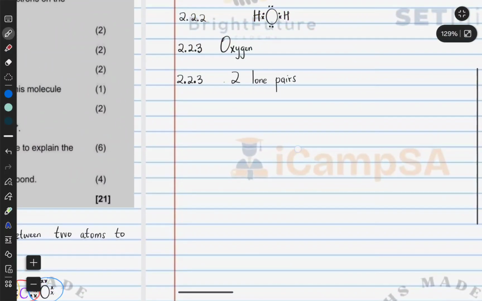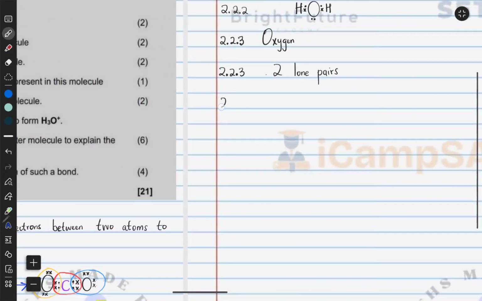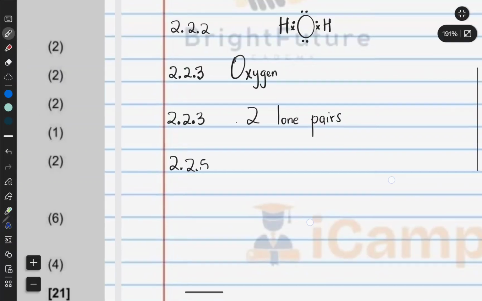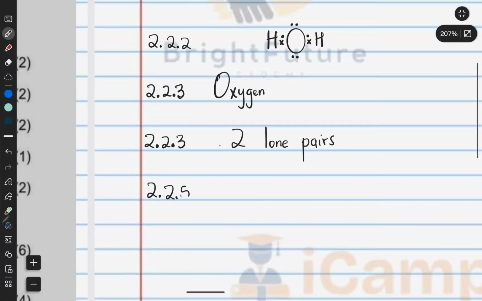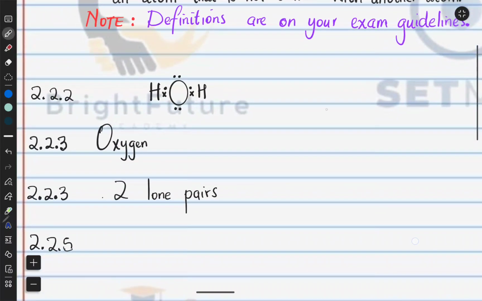So for this one, if you remember correctly, even on your diagrams, let's see, 2.2.5. If you had forgotten, you would remember that if you draw the structure, it looks something like this, right?